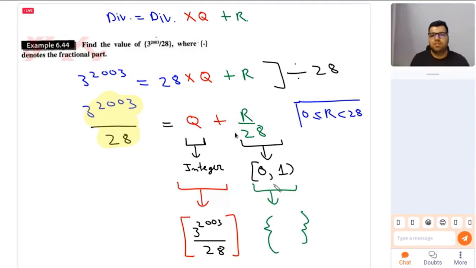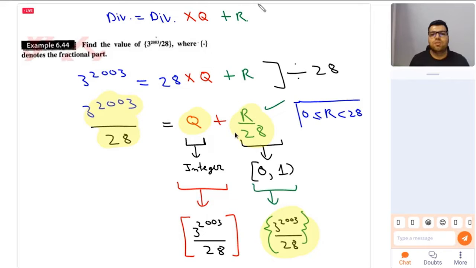So if we are asked the fractional part of 3 raised to power 2003 divided by 28, the fractional part of this number is R by 28.